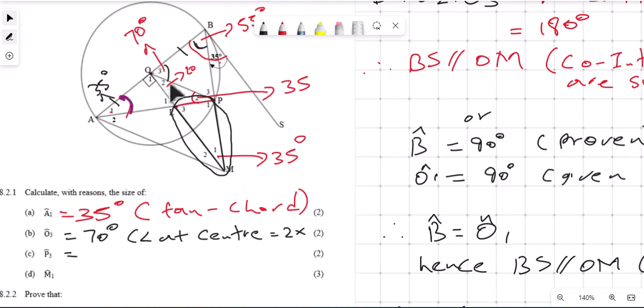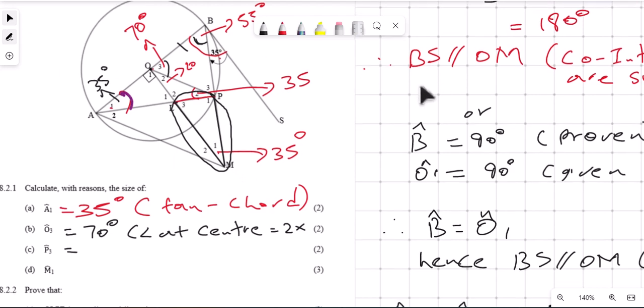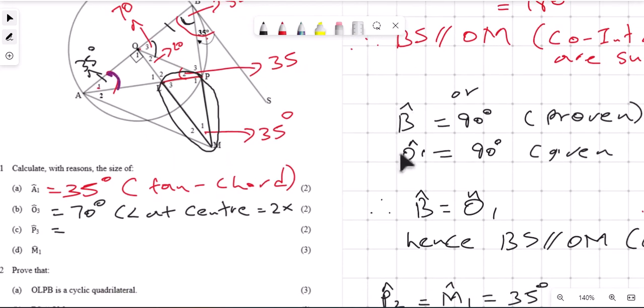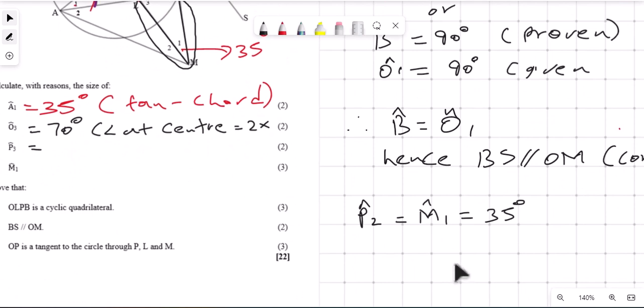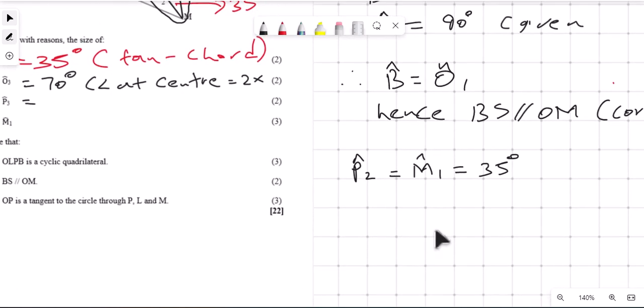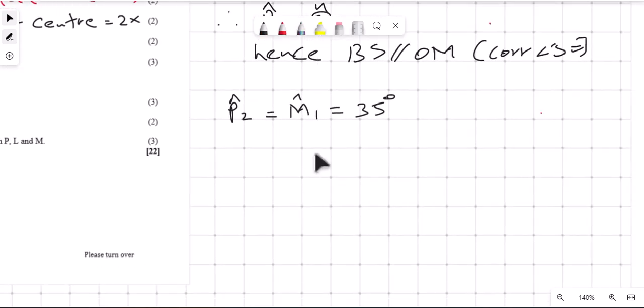I think we can use the converse. Converse of what?